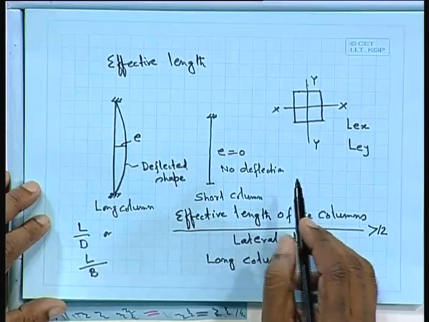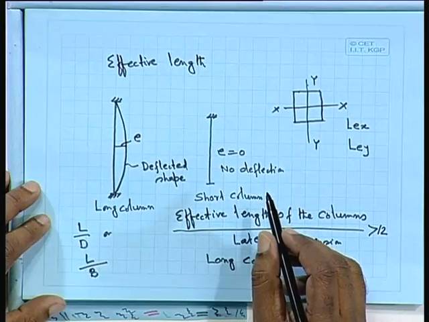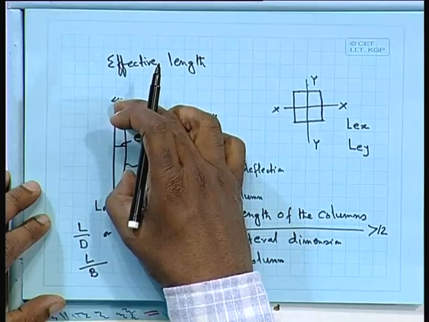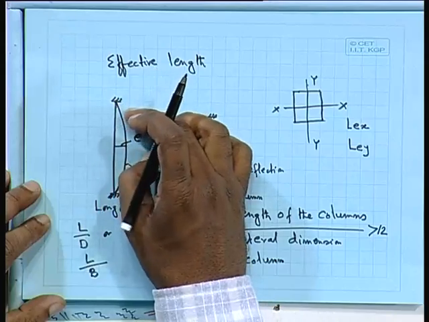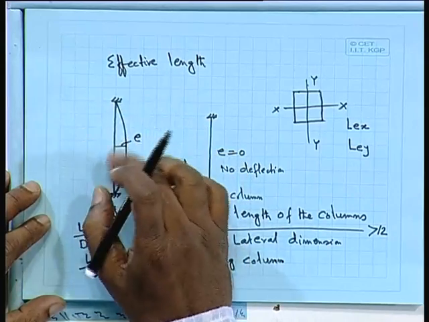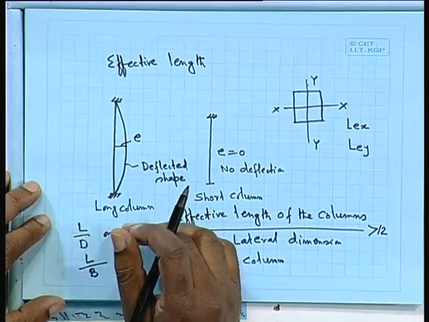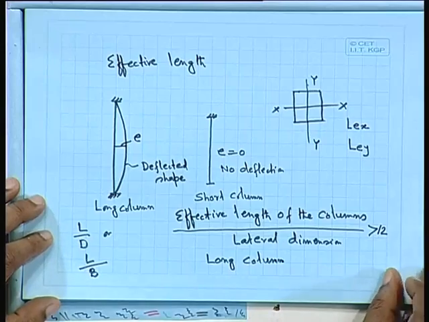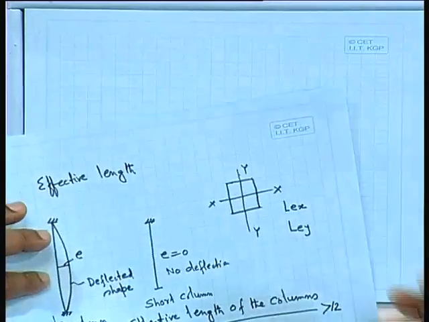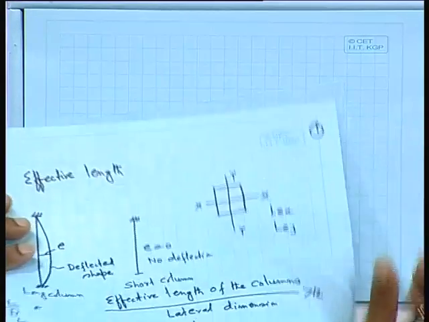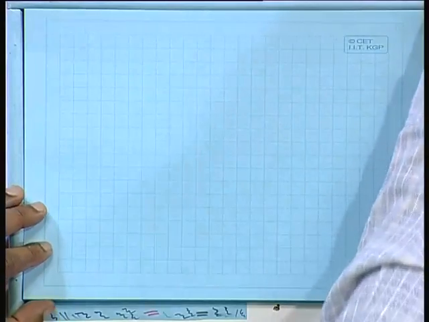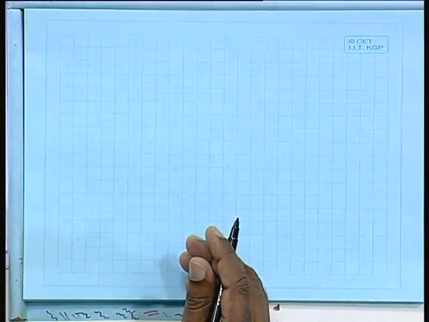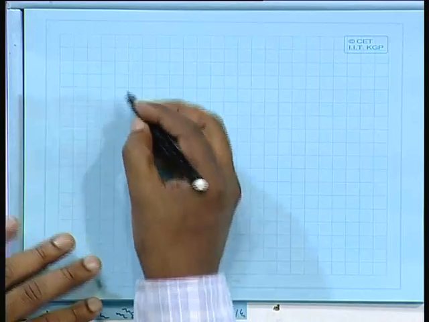And then we can get the effective length factor, that means the unsupported length multiplied by that factor gives the effective length. There is one more case that I think we should know, that is for frame structures. Let us take a specific problem for a frame structure.